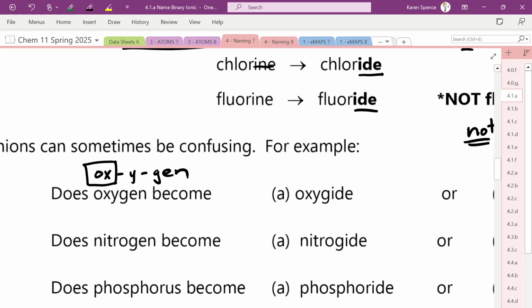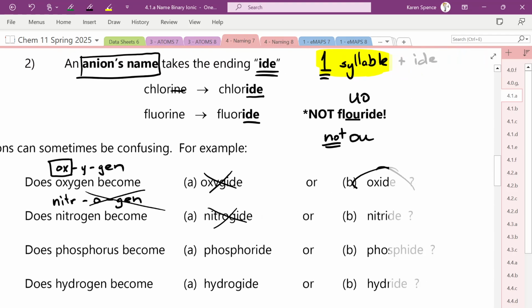So anything with three syllables, you have to say we have nitro, gen. So we only use the first syllable and we say not nitrogide, not nitrogen, it's just nitride. So every anion will have two syllables. Oxide, nitride. Yeah? So not oxygen, not three, just two syllables.